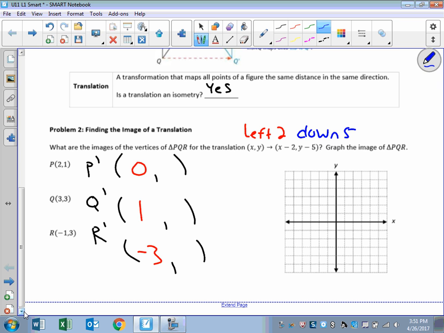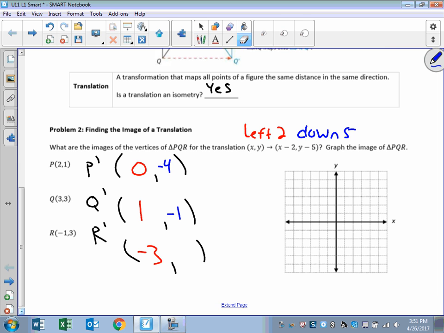For the y values, we're going to subtract 5. So 1 turns into negative 4, 3 turns into negative 1, and 3 turns into negative 2. And r is the same, so it'll be negative 2 also.